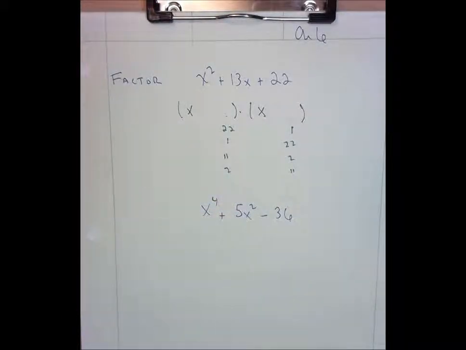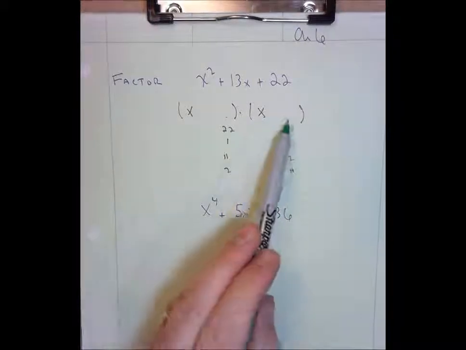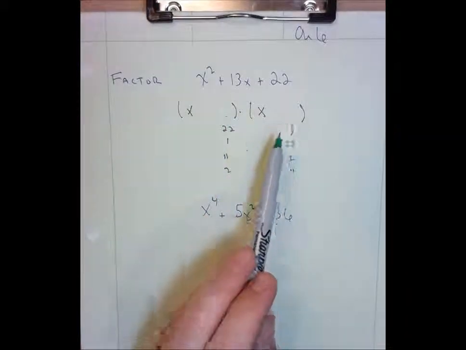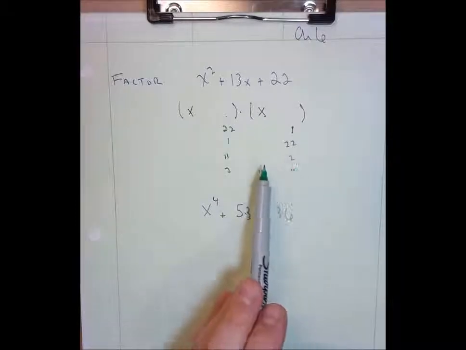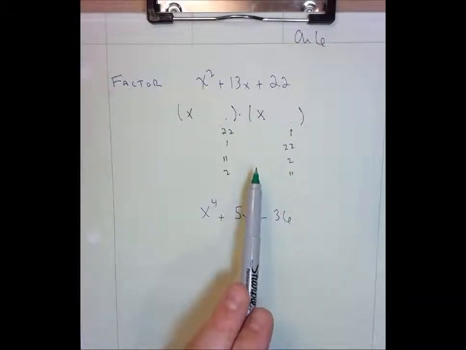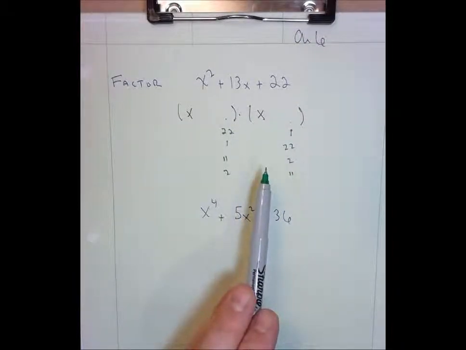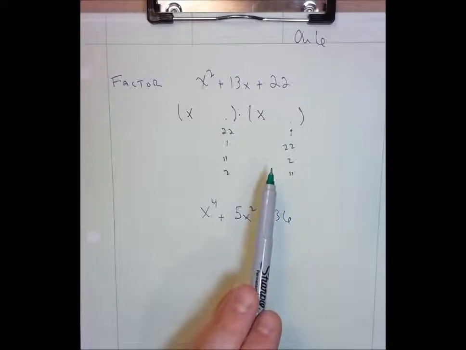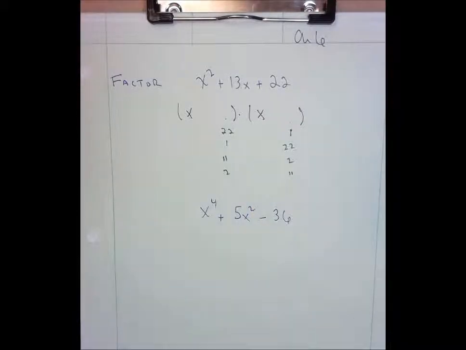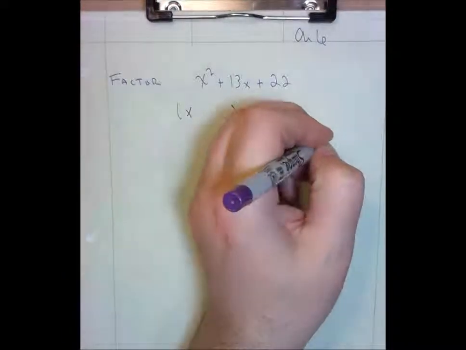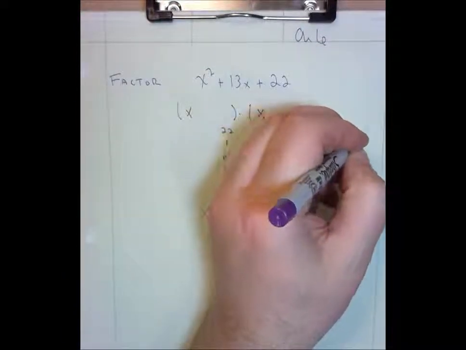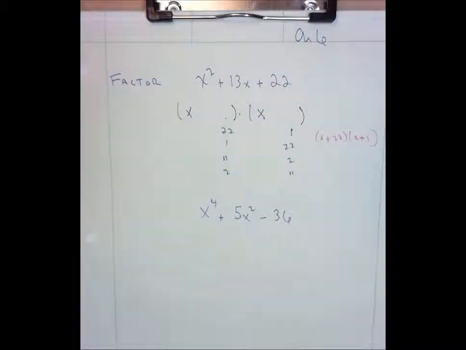Here's where the pattern comes in. Since you know how to multiply this out, you have to pick the numbers from here that would result in the 13x when you added the terms together that would pop up during the multiplication, right? So just as an example, over here on the side, let's say it was x plus 22 times x plus 1. Let's say that was the factored form.